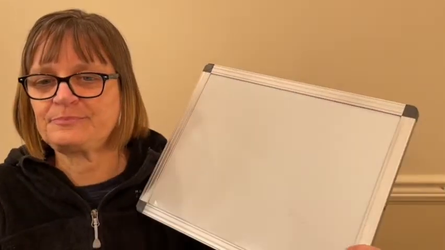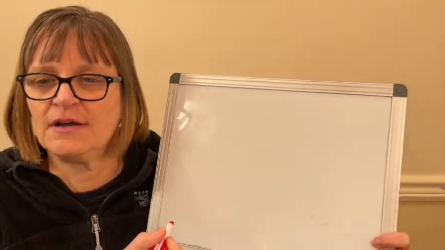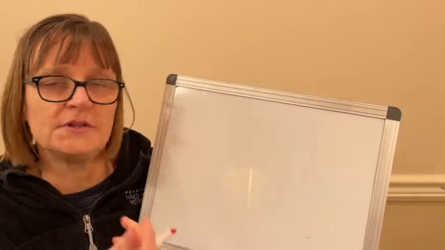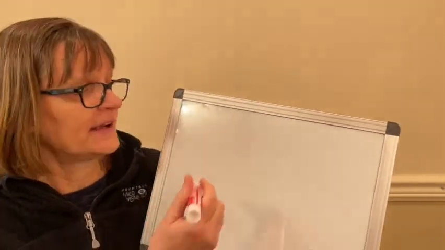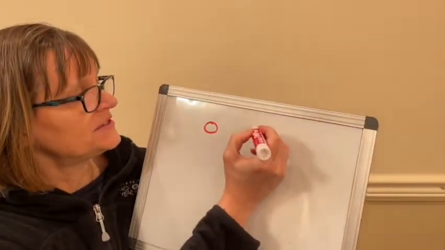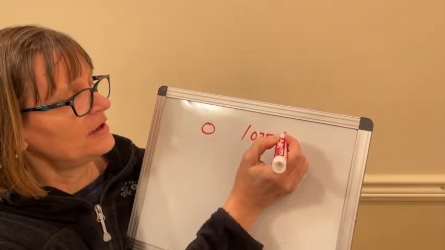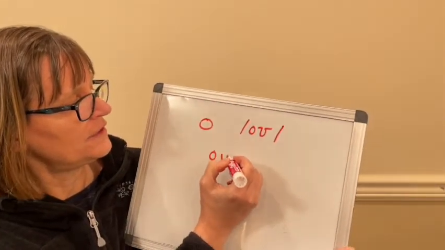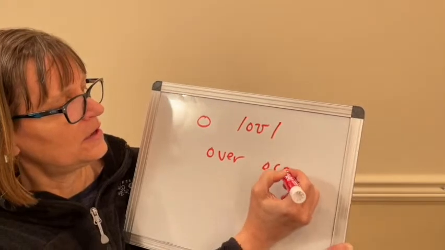So it looks like we have a question about O at the beginning of words, and then we'll come to your word about Halloween in just a moment. Okay, so O at the beginning of words can be different depending on the word. So sometimes it's going to say the O diphthong, like in over or ocean.